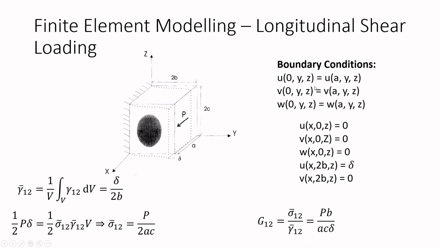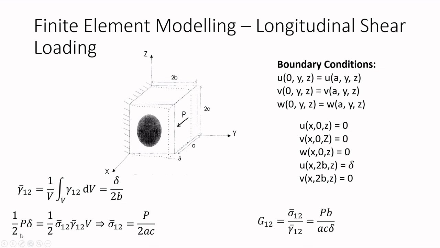The boundary conditions are that U, V and W on this face are the same as U, V and W on this face. By knowing these boundary conditions, we can compute gamma 12 from the Gauss divergence theorem, and I have written simply that it will be delta by 2B. This is the shear strain in this element, and it will be constant over the entire face.